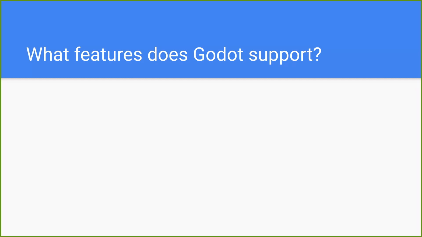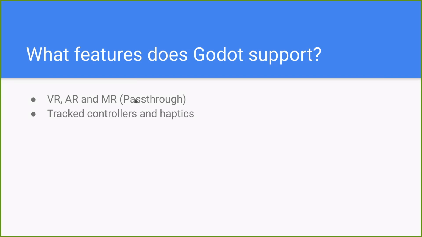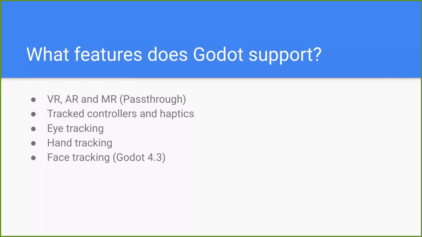So what kind of VR, MR, whatever features does Godot support? Yeah, VR, AR, there's a couple of AR devices that will work. The HoloLens, which I already mentioned, the Lynx R1, and then devices with mixed reality where you're showing the world through a camera. We've got tracked controllers and haptics, eye tracking, hand tracking. In Godot 4.3, there will be face tracking and body tracking also, which is really, really cool.